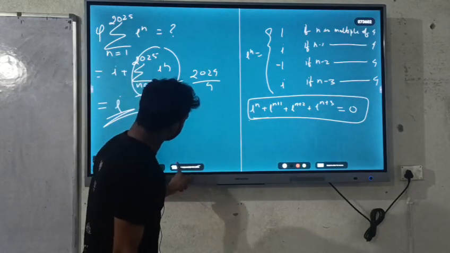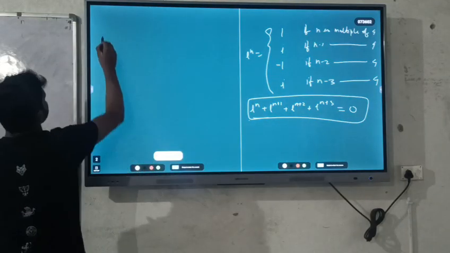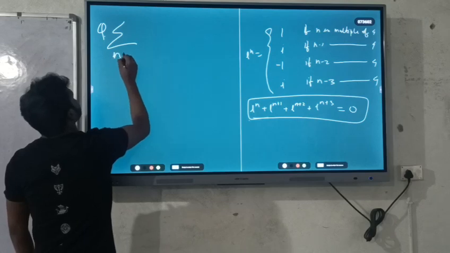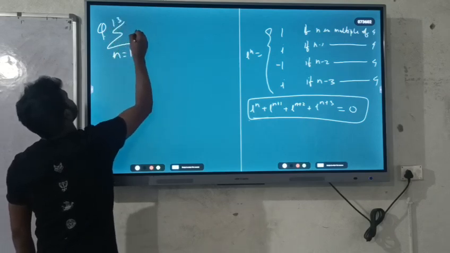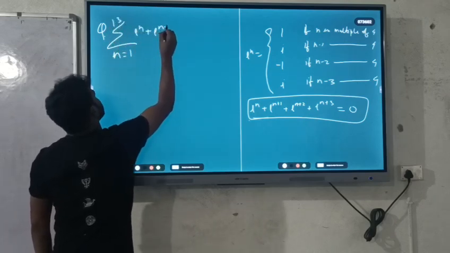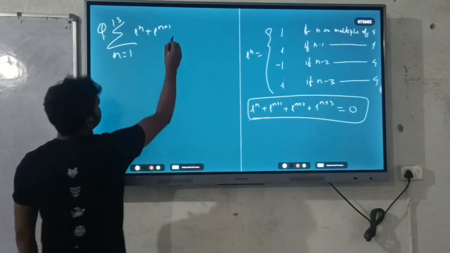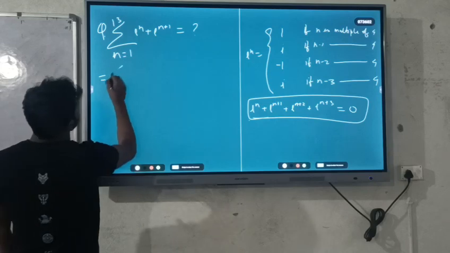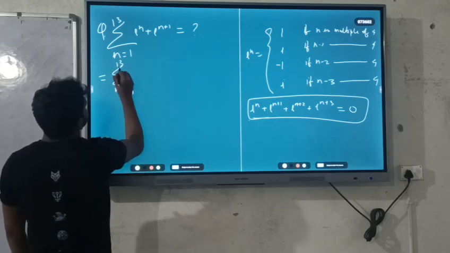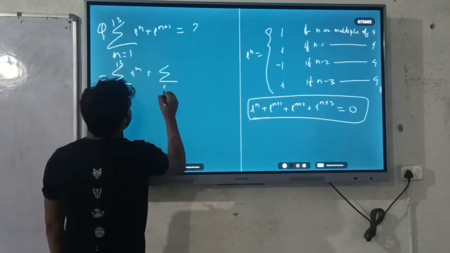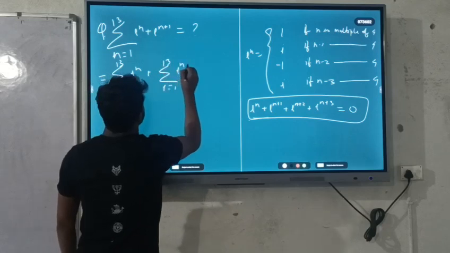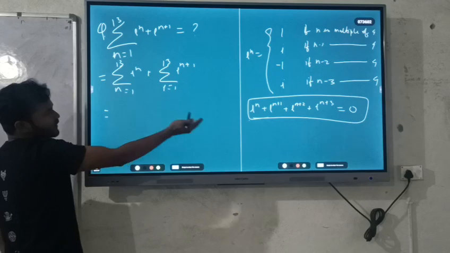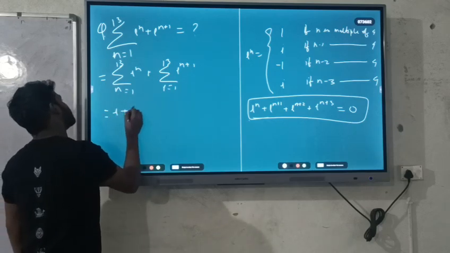If you want to do the next question, let's take n from 1 to 13. We want to solve this summation. What we do is first distribute the summation. Now using the same concept we used previously, we have a total of 13 parts. We cannot divide into blocks of 4, so we write the first one separately.